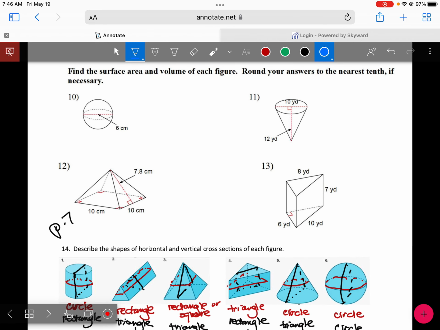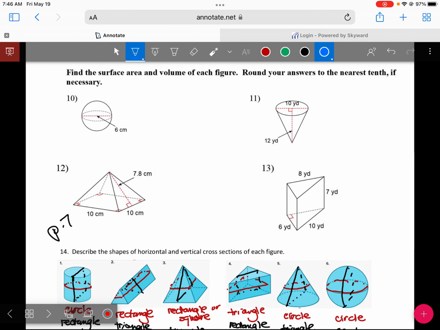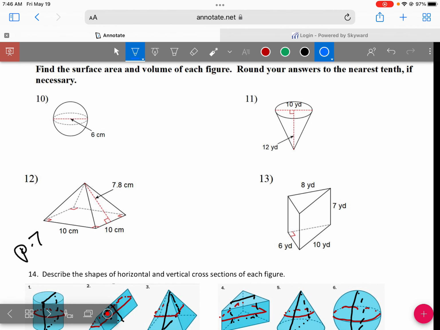All right. Find the surface area and volume of each figure. Wow, we got to do both. Okay, let's do surface area. What do we call this figure over here to the left?